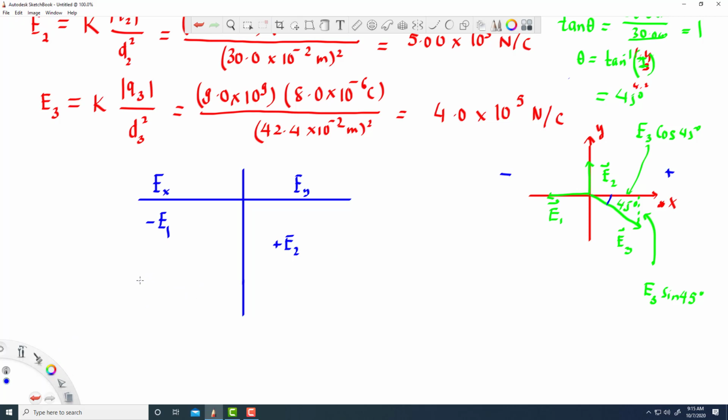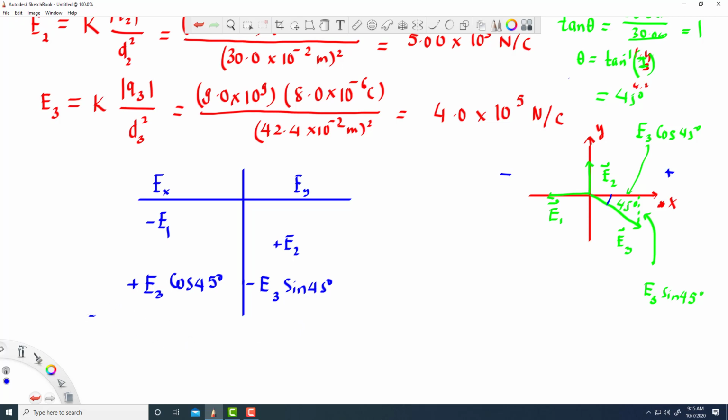So x component is E3 cosine 45 degrees, and because it's along positive x, it's positive. The y component is along negative y, so we need to put a minus sign here: minus E3 sine 45 degrees.